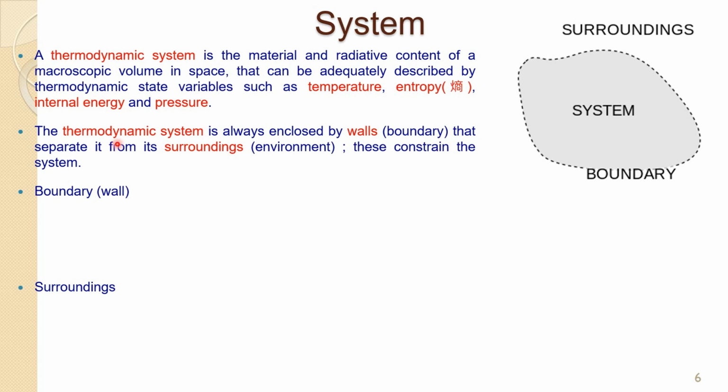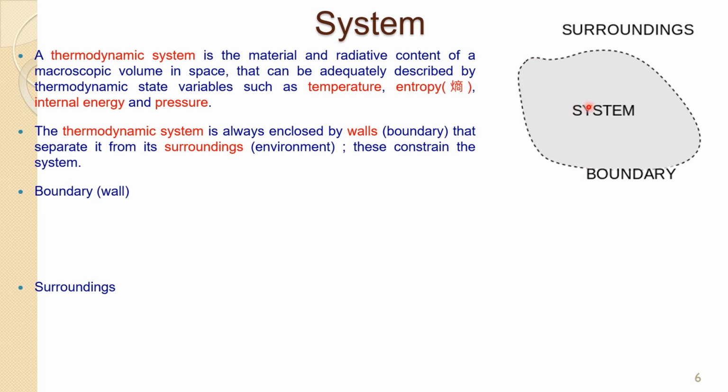So the thermodynamic system is always enclosed by walls. These are called walls, and walls can be regarded as boundaries. The outside of this boundary is not a system, okay? It separates the system from its surroundings. The surroundings are the environment.